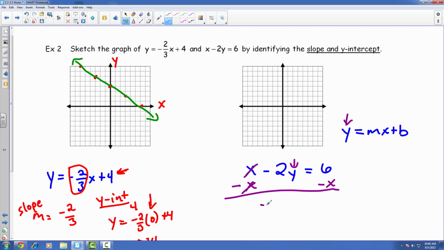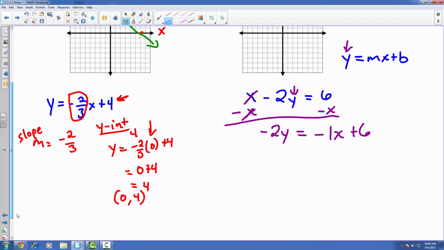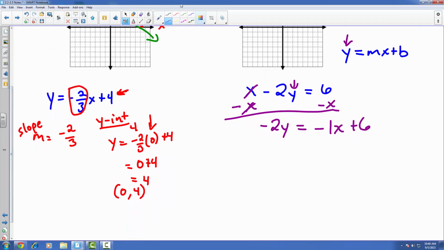Once we do that, we have negative 2y on the left side by itself equals negative x, negative 1x, plus 6. We couldn't combine these two because the 6 does not have an x. Since we just want y, we don't want negative 2y. That negative 2 is stuck to the y, so we have to get it unstuck by dividing both sides by negative 2.